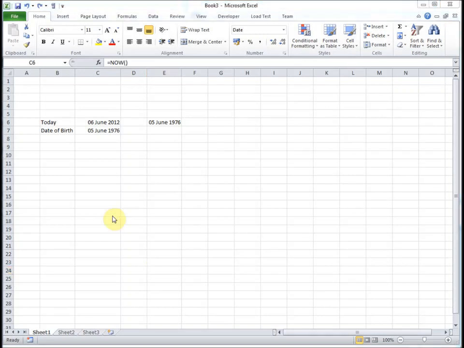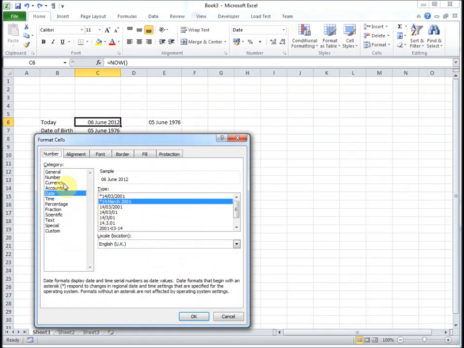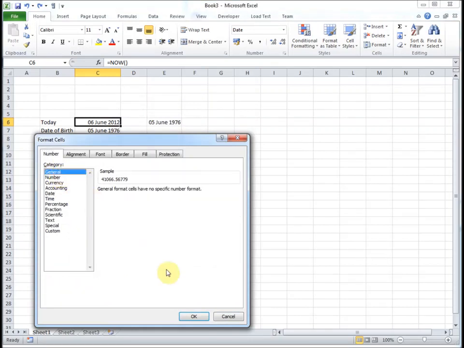As we've just seen, Excel can show us dates in a number of formats, but under the lid it deals with dates very differently. If I click on today's date and right-click it and do my format cells again, not as date but in just general format, we see something very interesting happen.